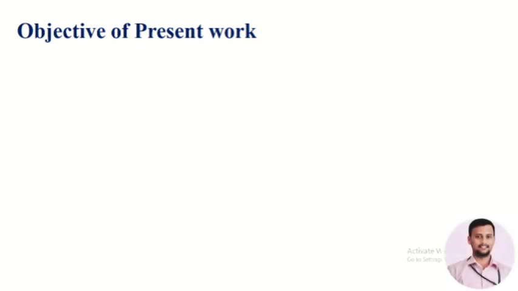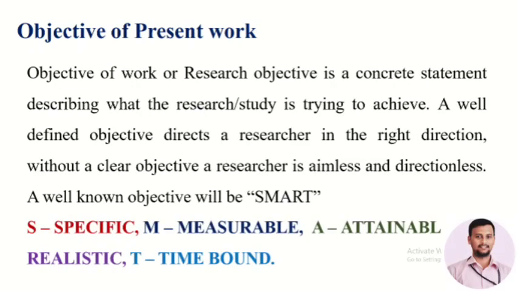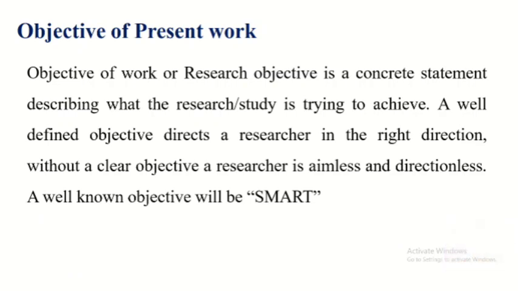The next is the objective of the present work. This will be identified by your literature survey. What you want to do in the project work, or what you want to achieve in the present work, has to be identified. These are concrete statements describing your study. Whatever objective you define must be SMART.